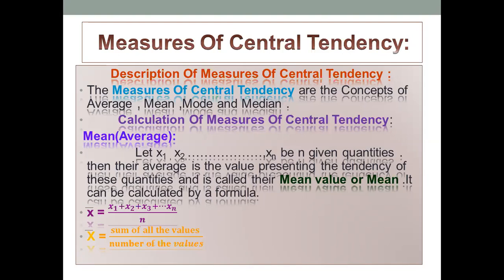The formula is x1 plus x2 plus x3 and so on up to xn, over n, where x1, x2, x3 are the observations which are given to us in the data, and n represents the number of values, whether 10 values are given, 6, or 4. So n represents the number of values.